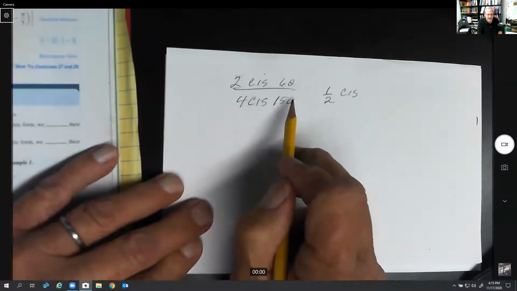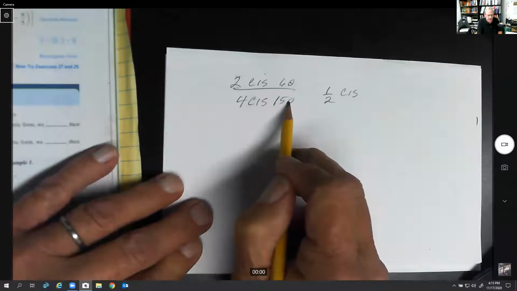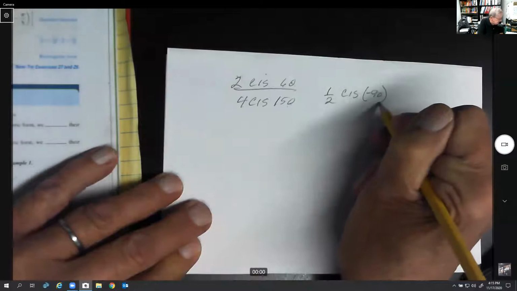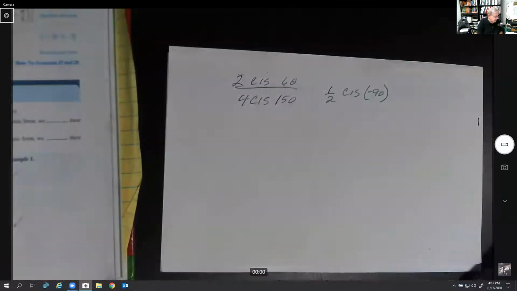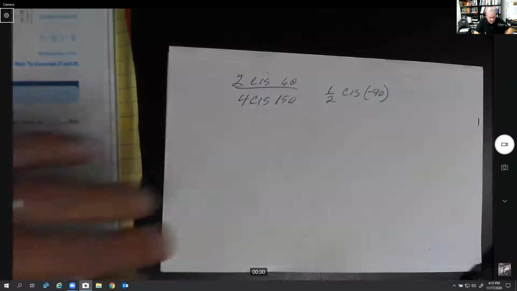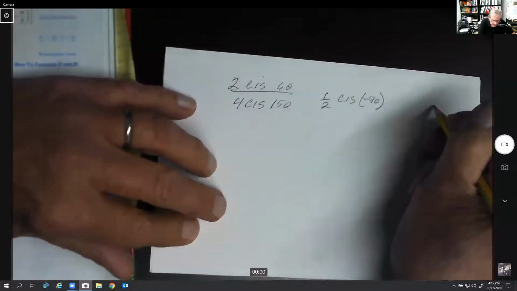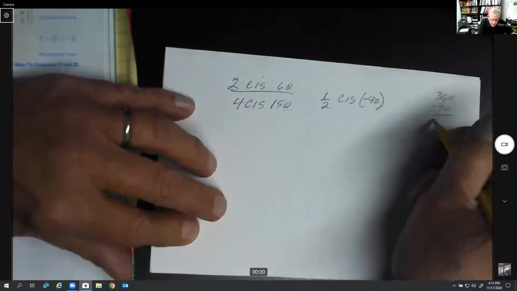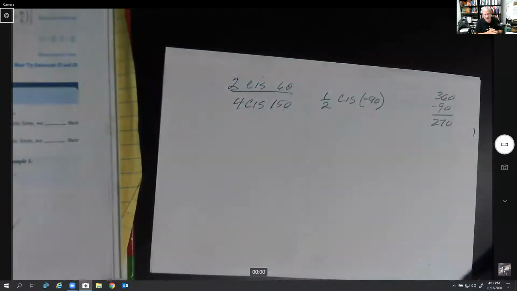So it's 60 take away 150, which would be negative 90. So that's what they did there; they subtracted the two. And then negative 90, what is a negative 90? Well, negative 90 from 360 would be 270. So you could use 270 or negative 90.